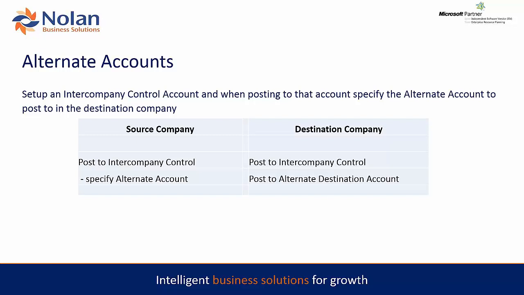So inside the source company, you're posting to your intercompany control. It will then prompt you to say which company and which alternate account you want to post to in the destination company. As you post the purchase transaction inside the source company, it'll then go off and create all your intercompany postings for you.